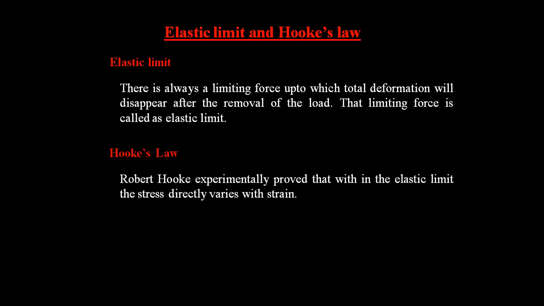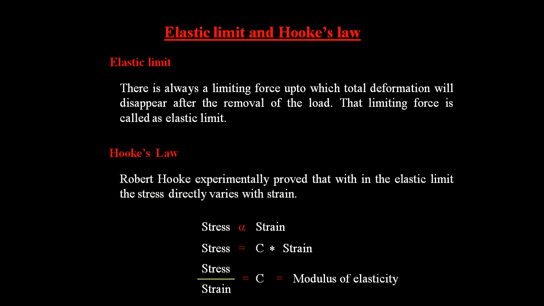So for making it equal, we have to take one constant of proportionality. So stress is equal to some constant value into strain, and again stress by strain can be written as some constant. This constant is called your modulus of elasticity. So modulus of elasticity is the ratio between the stress and strain which is obtained from Hooke's law. What is Hooke's law? Within the elastic limit, stress is directly proportional to strain.